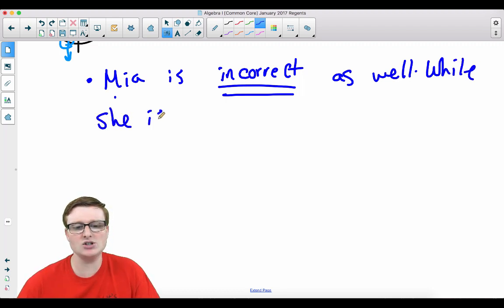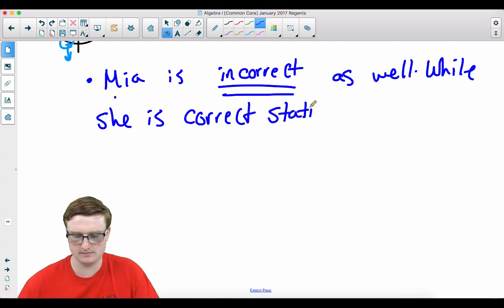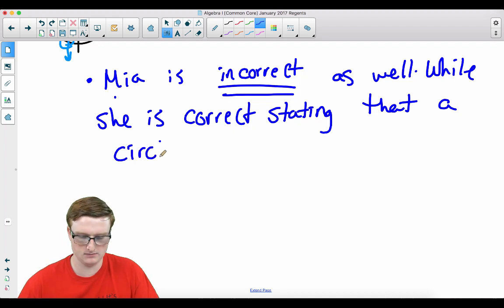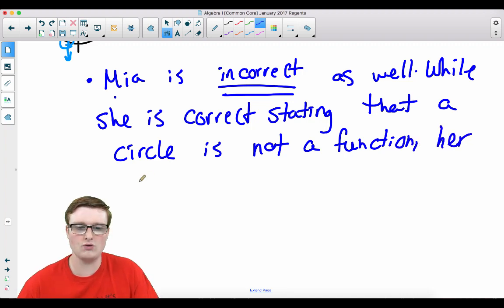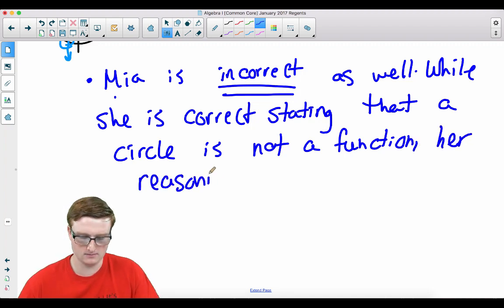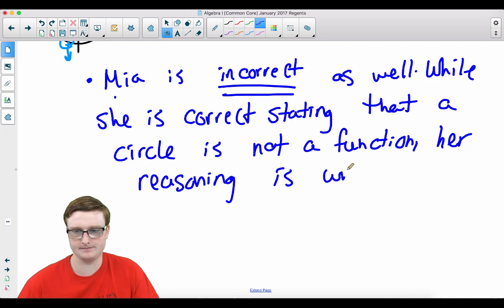While she is correct stating that a circle is not a function, her reasoning is wrong.